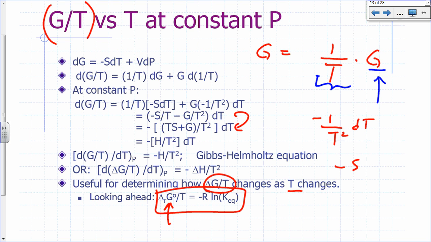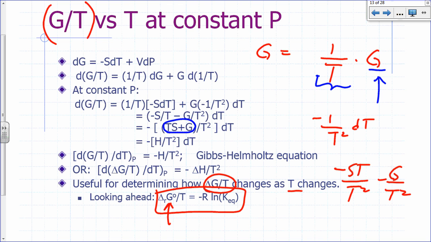I have minus S over T. I just multiplied that by T over T. Why did I do that? So that I have the same denominator as the other one. So that's minus TS over T squared minus G over T squared. And so I pull out the negative sign, and I just end up with TS plus G over T squared.